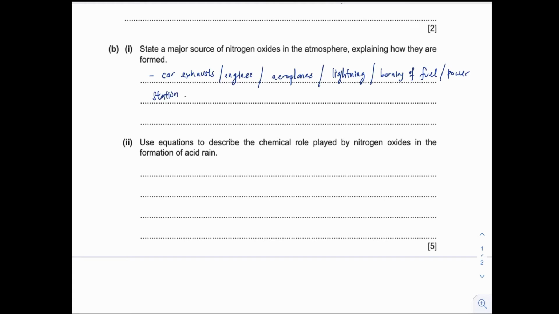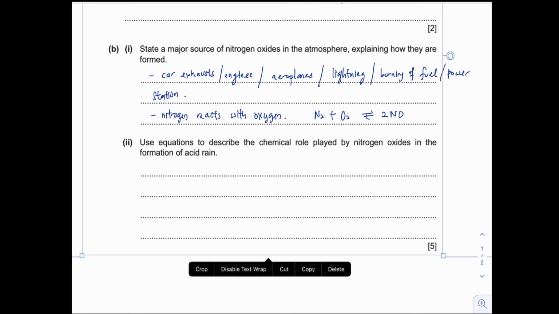So how is that formed? That is because the nitrogen reacts with the oxygen. And you can also provide the equation N2 plus O2 forming 2NO. Alright?